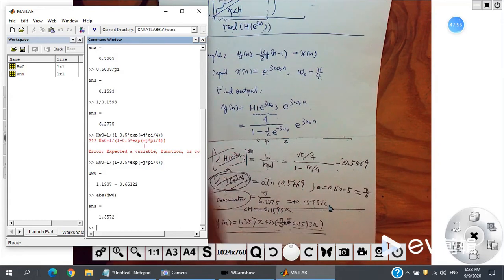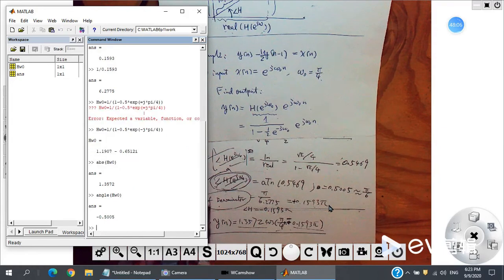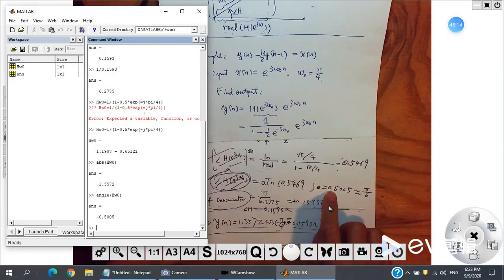And the angle of H(omega 0) is negative. Yeah, negative 1. Should be negative 0.505. Negative 1. Then the output is just this one.